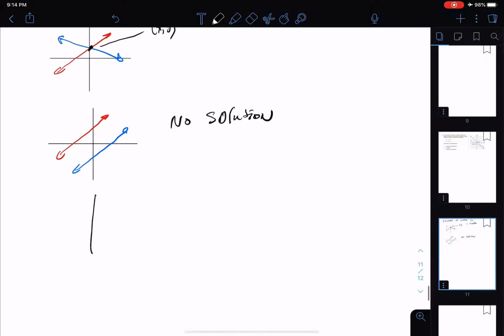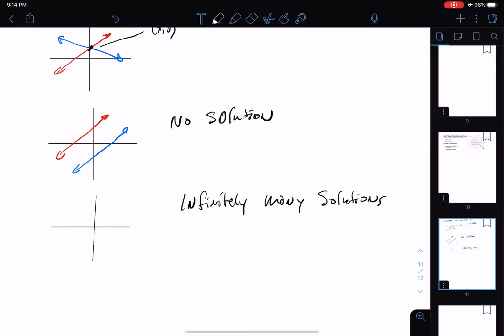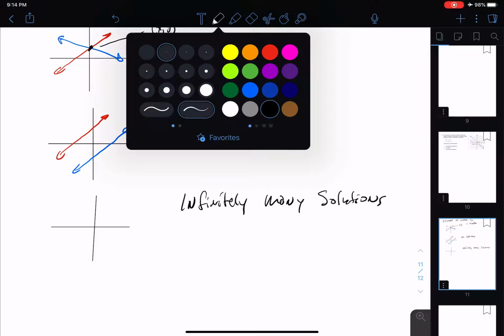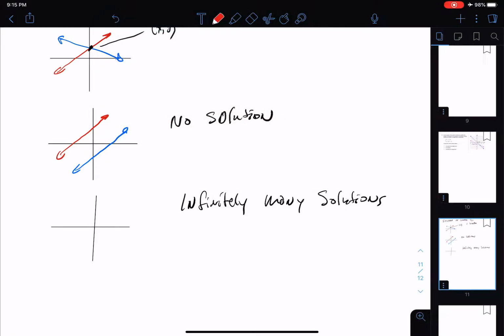And then finally, you've got a situation where you have infinitely many solutions. So that sounds weird. How can you have infinitely many solutions? Well, it's one of these things where the two lines are written in different formats.